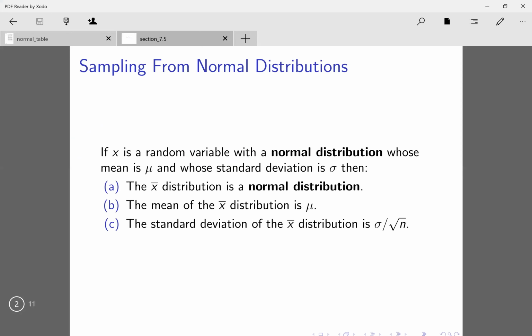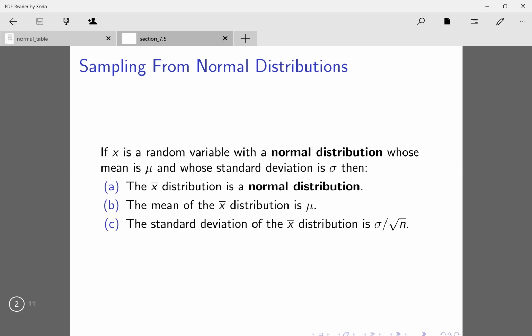So if you do have a normal distribution with mean mu and standard deviation sigma, then if I take sample means and I plot them on a histogram, I see that it's also going to have a normal distribution, and the average is going to be the same as the original distribution. But the standard deviation will be smaller.